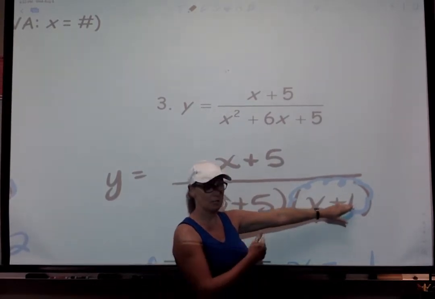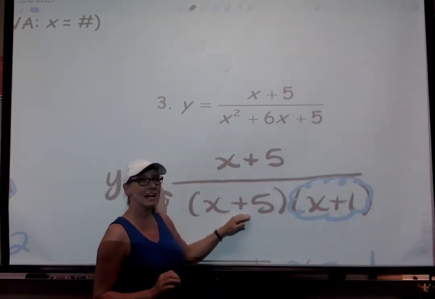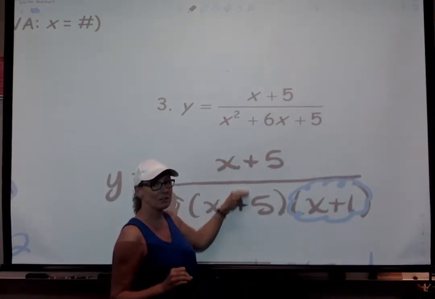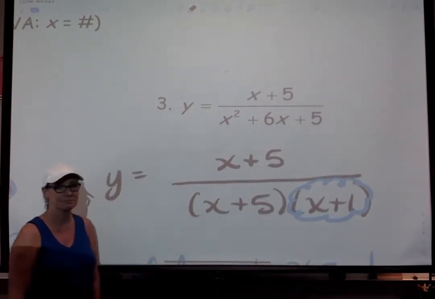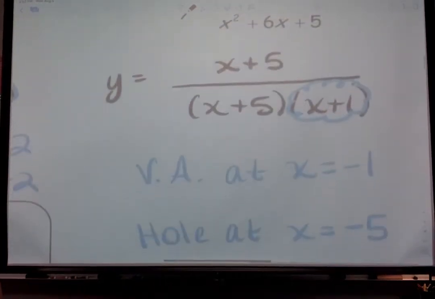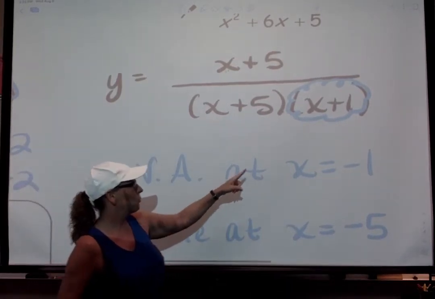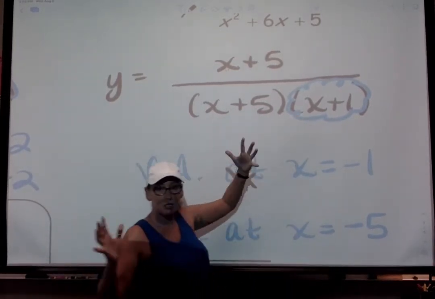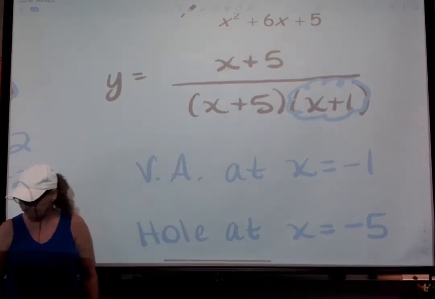See? Here but not here. When x is negative 5, there's a hole in the graph. Yep, you can have both. You can have a vertical asymptote at one of the places that makes your function blow up, and a hole at the other place that makes your function blow up.